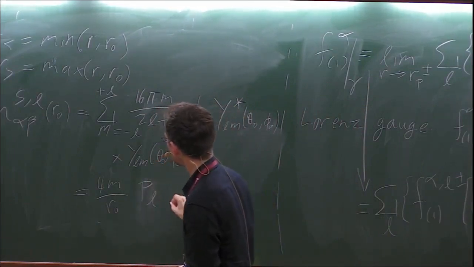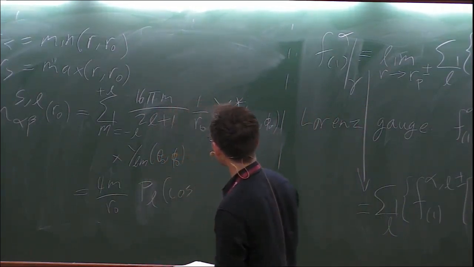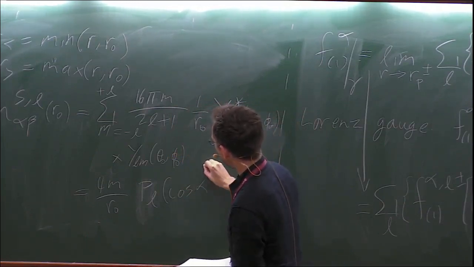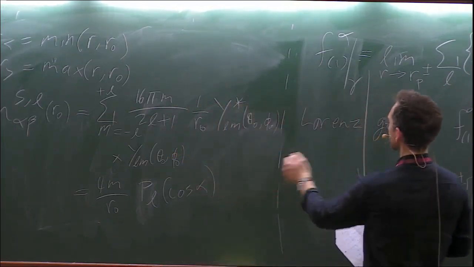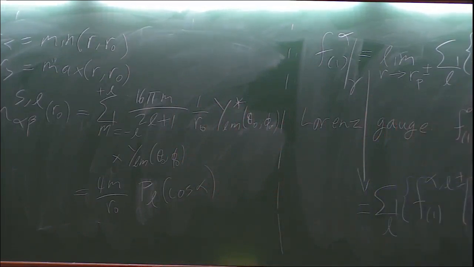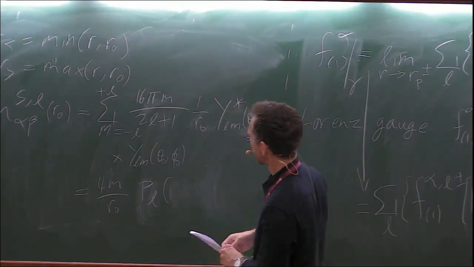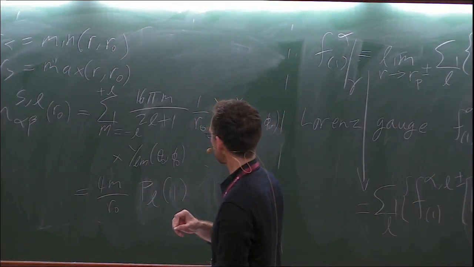This is just P_l times cos of the angle, let me call it angle alpha. This is the angle between the point in the first argument of the Y star and the point in the second argument. But in this case, they're the same. So this is actually just P_l of 1.